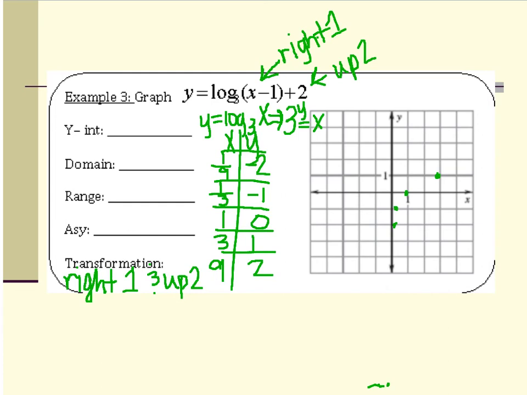Okay, so if I take this point right here, if I go right 1 and up 2, I'm going to be right about here. So right 1, up 2 would put me right about here. Let's take this point, go right 1 and up 2, and that would put me right about there.